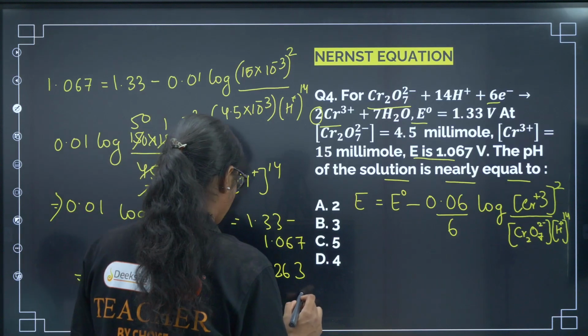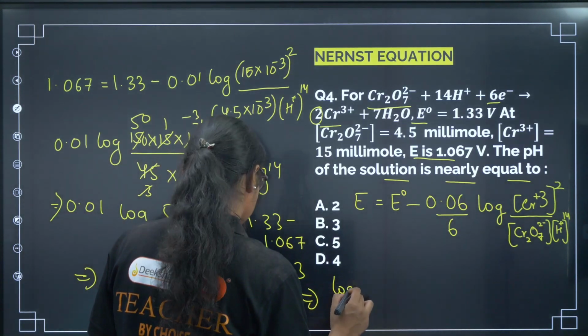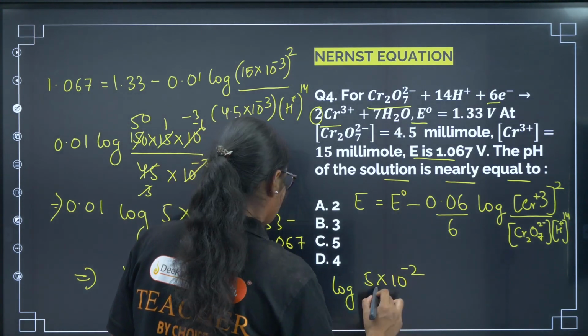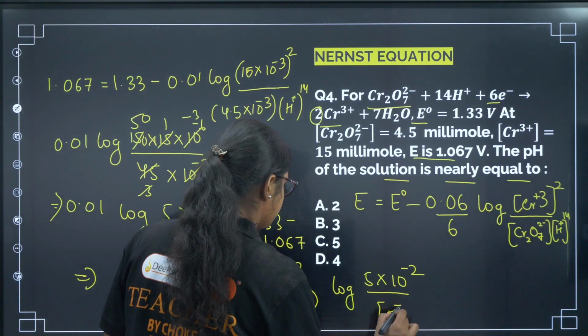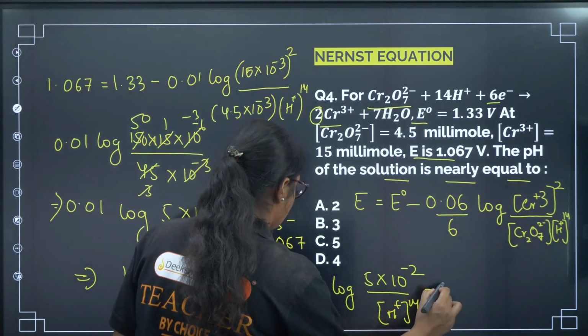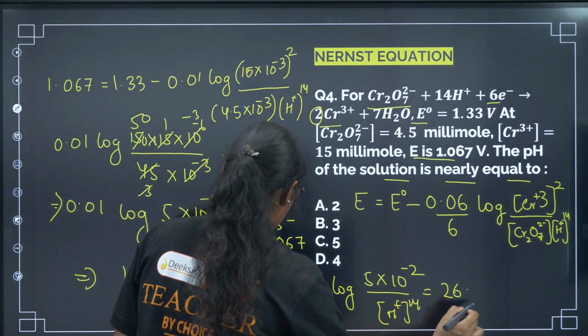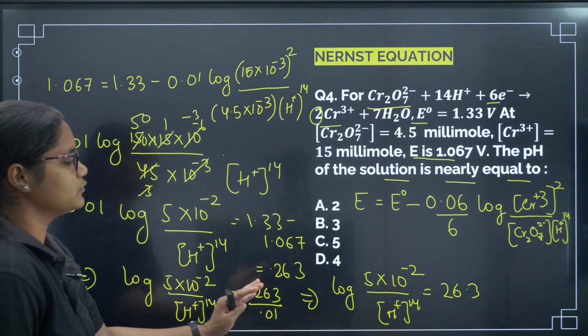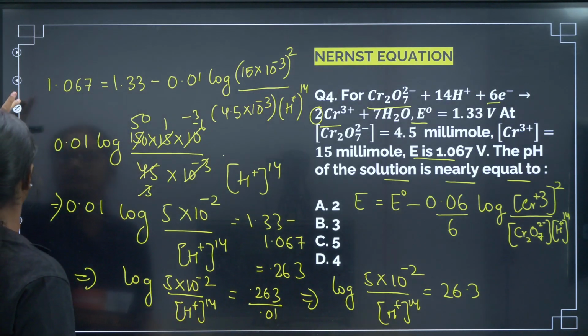So we'll get 26.3. So log of 5 into 10 to the power of minus 2 by H plus to the power of 14 is equal to 26.3, right?